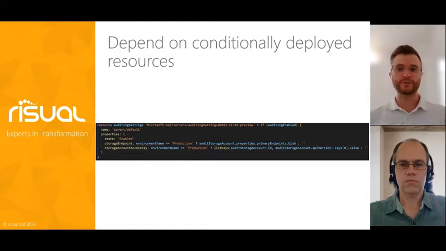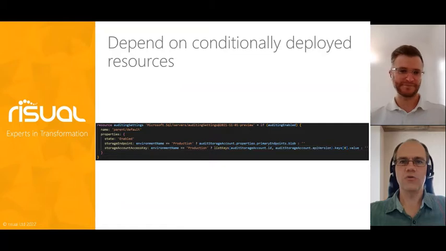If the environment isn't production, then do nothing. So anything after the question mark will get done if the condition is true, and anything after the colon will get done if the condition is false. Right, I understand. Okay, that's quite a comprehensive overview of conditions, I think.